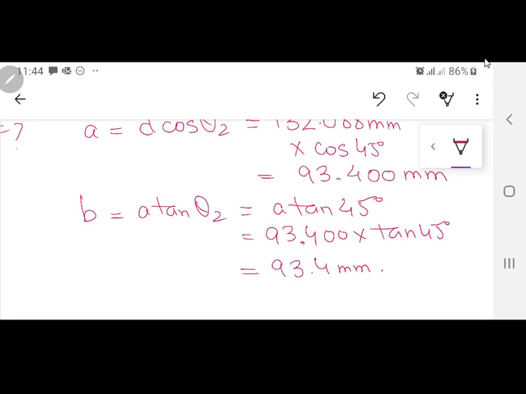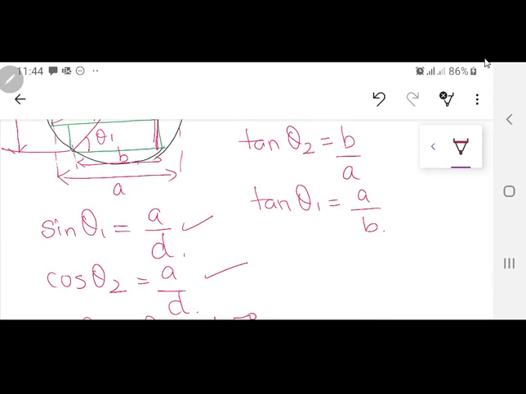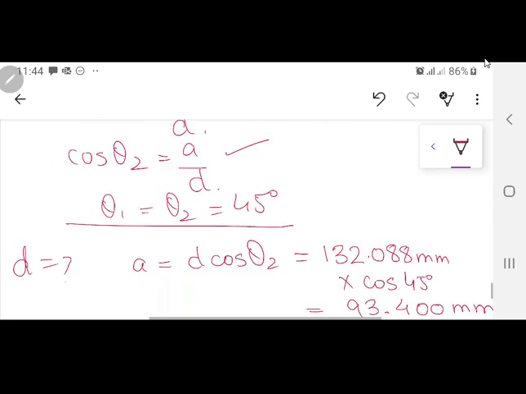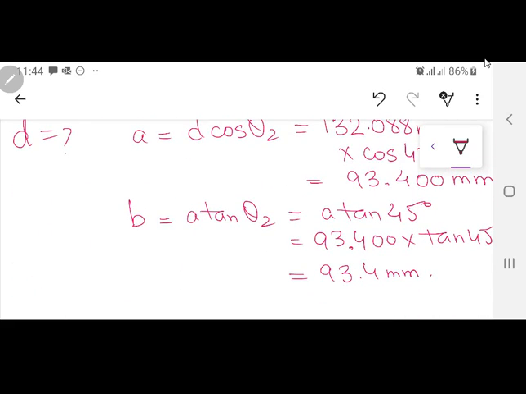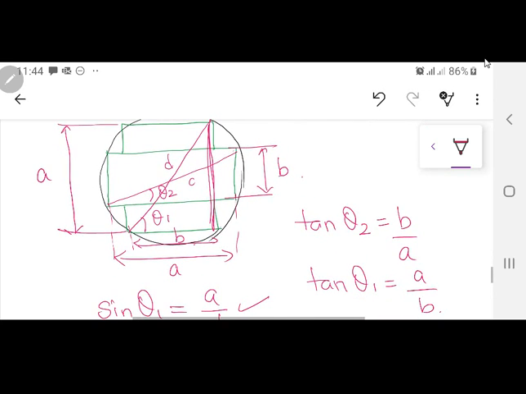ये गलत नहीं है था, मैं कुछ B क्यों सेम कैसे आ गया? नहीं tan 45. नहीं एक सेकंड. हमने B, what will be B equal to tan theta 2. How can be A and B same?